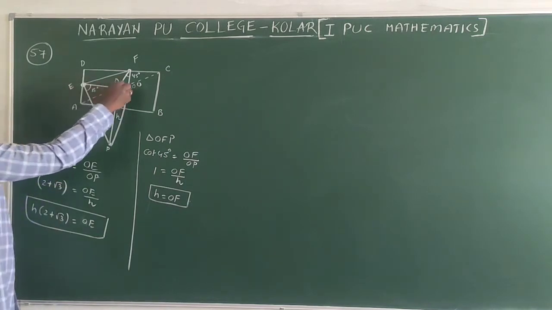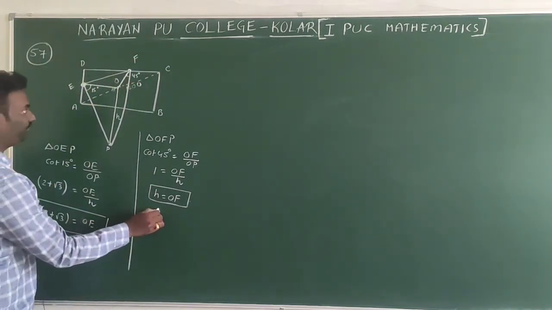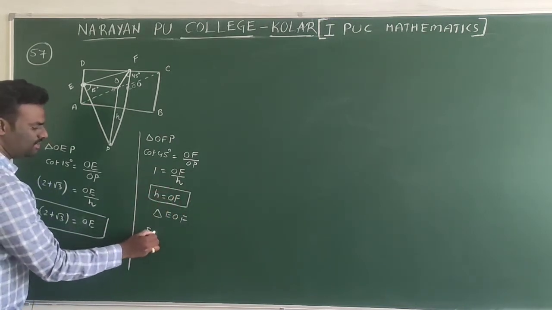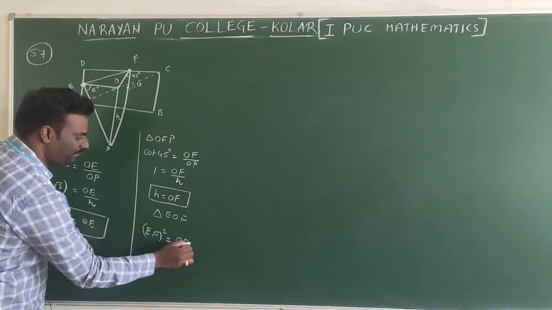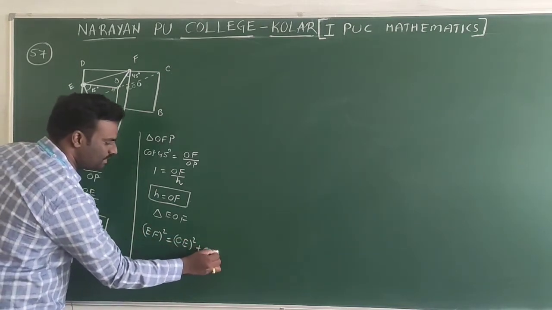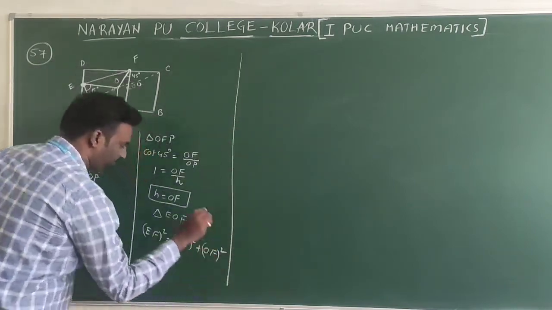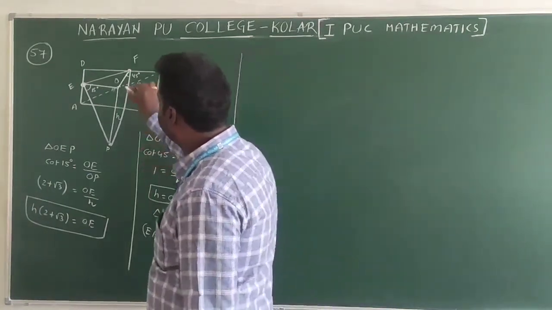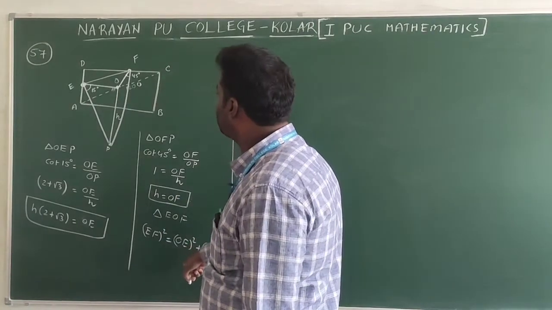Now it is a right angle triangle. I am applying the Pythagoras theorem from triangle EOF. Hypotenuse square, EF square, is equal to OE square plus OF square. Now from this, EF square equals OE square plus OF square.